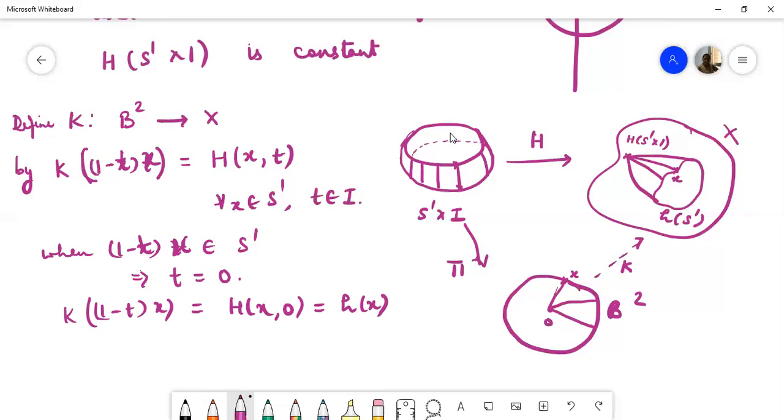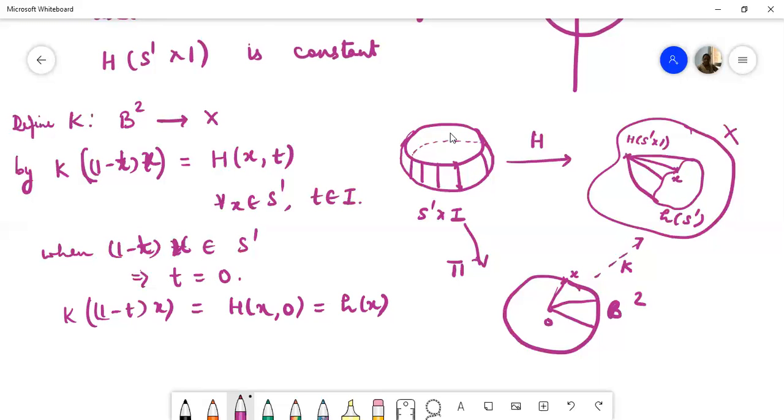So when we take this point of the domain of k in the set S1, then k of this point is just h of x. So we can say k is an extension of h. So the second part is proved.